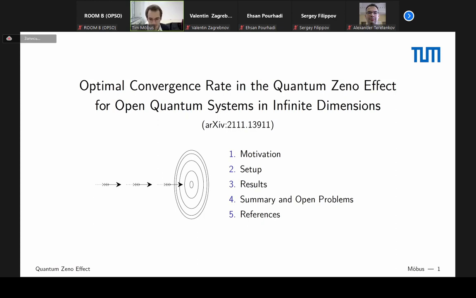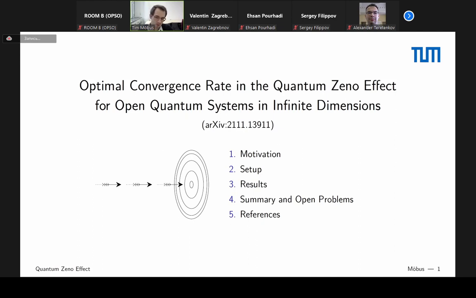On the left-hand side, you can see an arrow flying to a target. This is where the name comes from, why the effect is called the Zeno effect. This picture depicts the Zeno paradox, which is a paradox against the plurality of time.